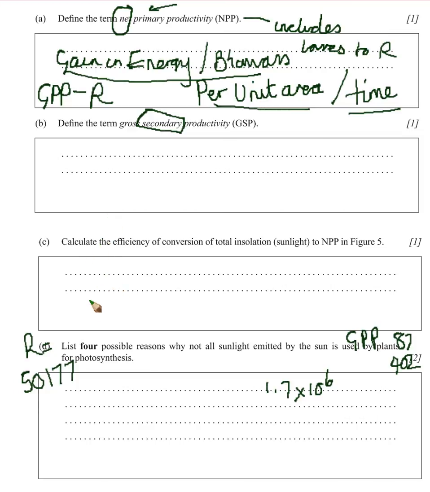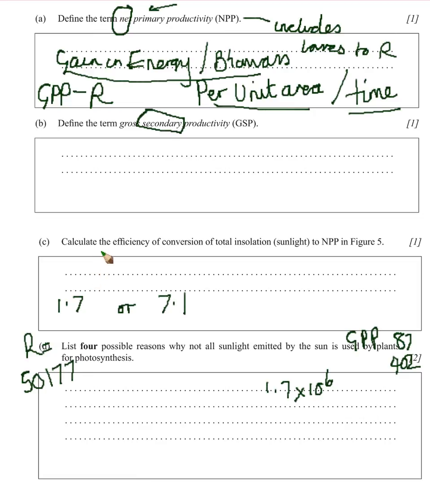Calculate the efficiency of conversion of total insolation to NPP in figure 5. So for this question, in the mark scheme, you will notice that it gives you credit for either saying 1.7 or it will give you credit for 7.1, okay?